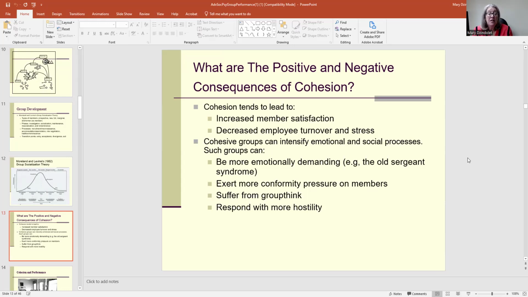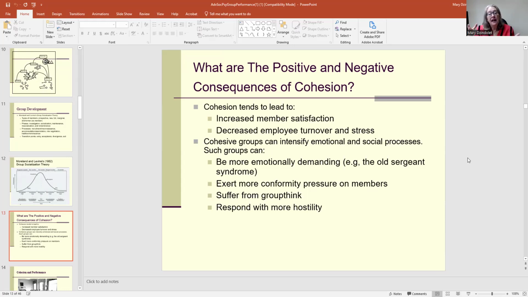When you find out one of the group members was cheating or stealing from the company or something, it can be devastating and people can be very angry with the person who broke the norms or the group rules. And so there can be a lot more hostility because everything is intensified. All the good is intensified, which is really nice, but the bad is intensified too.